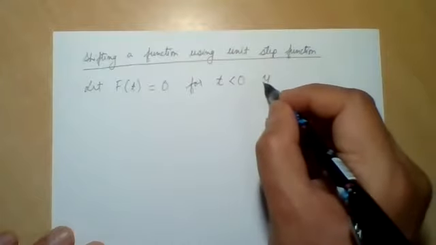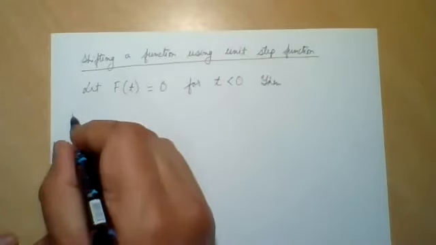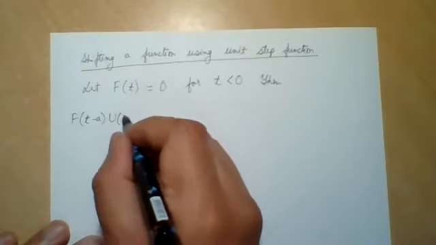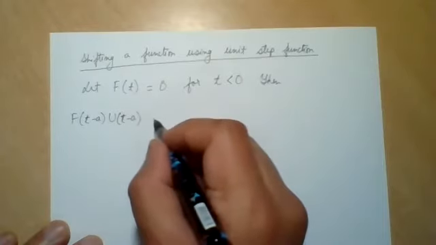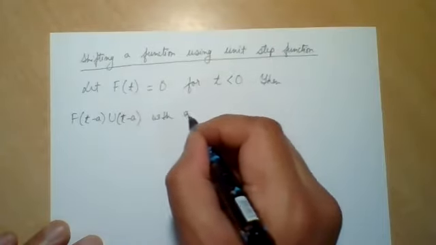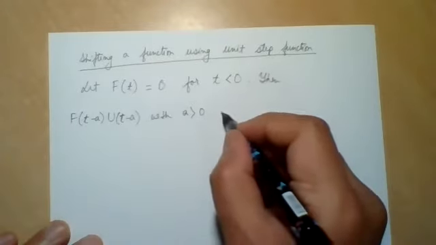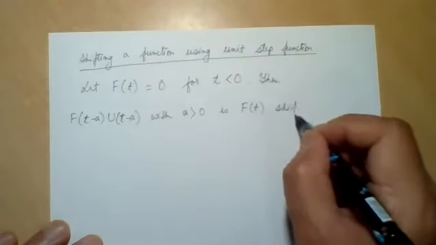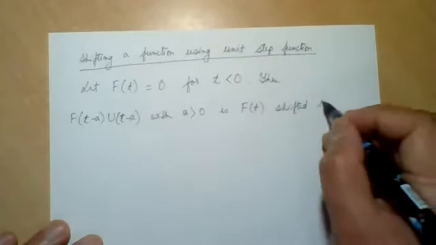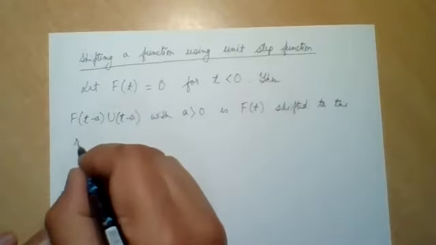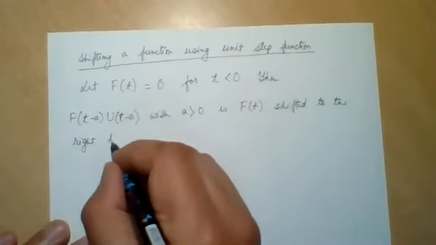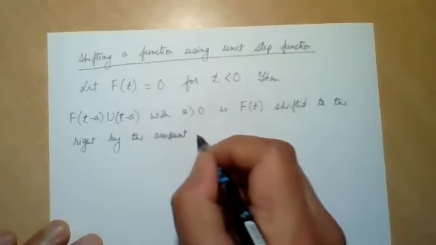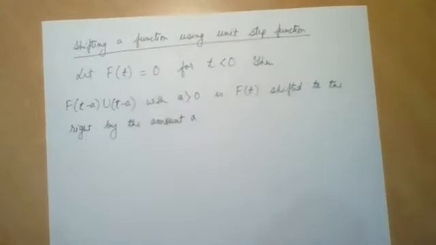Then f of t minus a, u of t minus a, with a greater than 0, is equal to the function f of t shifted to the right by the amount small a.